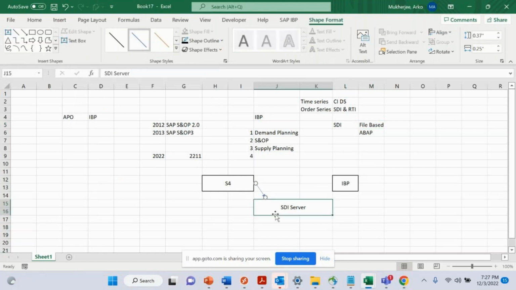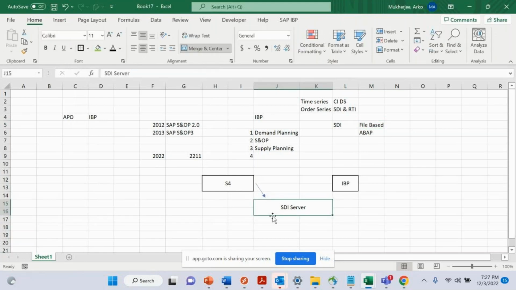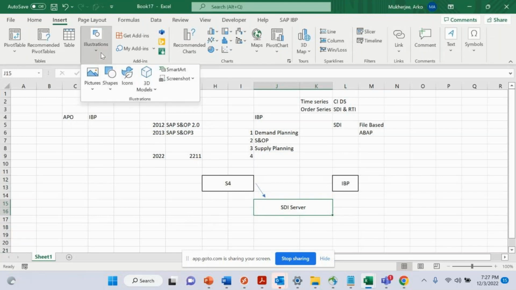In the SDI server, in a particular path, we will have all the files like product, customer, location on the master data side, and from the time series side, sales orders and open orders. And then we get this SDI server file to IBP in terms of the file based adapter.